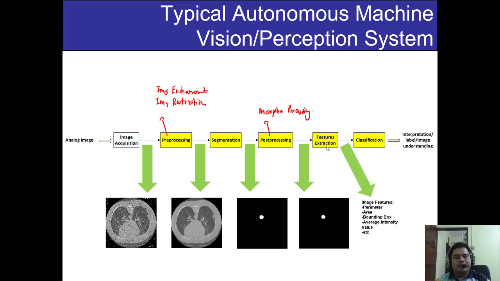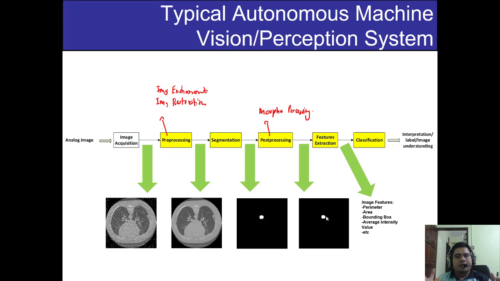I just give you some examples. From this white block you can extract the perimeter, meaning you measure the perimeter of this white block. You can also measure the area of this block, and then you can measure the bounding box. I mean, you draw the bounding box that the white block can fit into, and you measure the width and the length, and those can become your features as well.